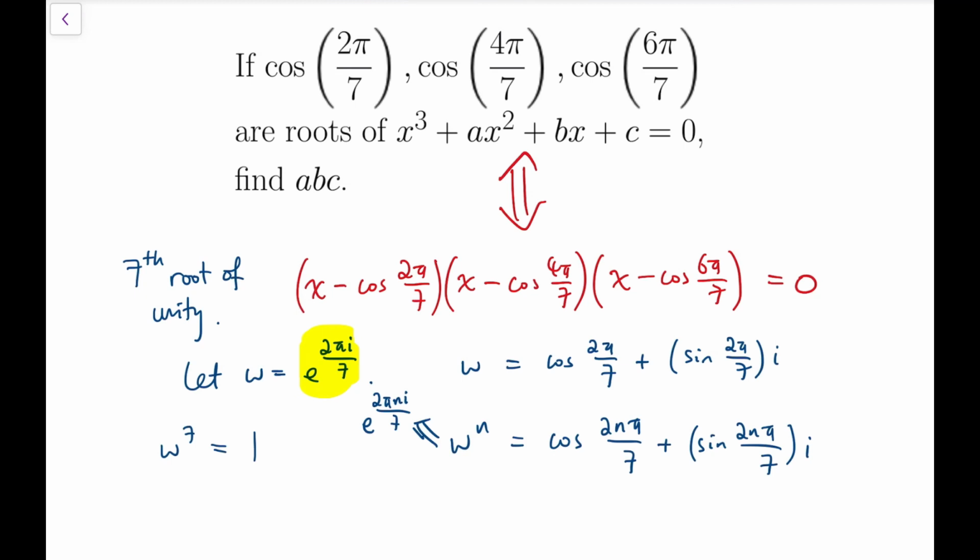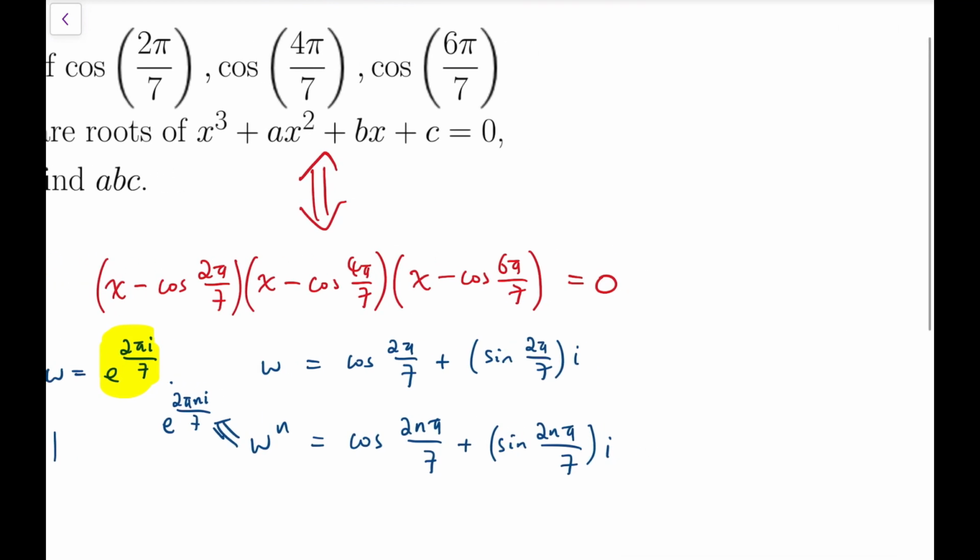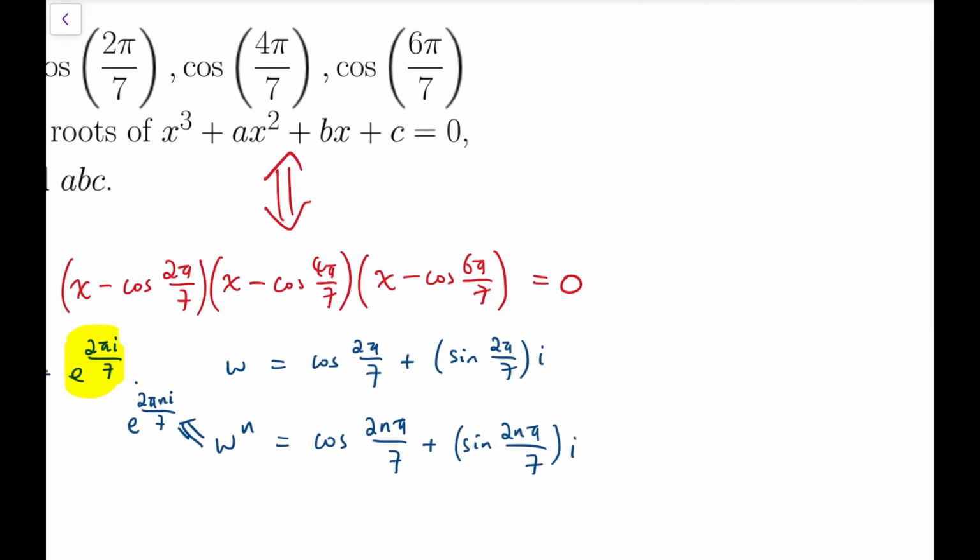And in particular, for this omega, the reciprocal of this number, 1 over omega, is exactly its conjugate: cosine 2 pi over 7 minus sine of 2 pi over 7 times i.